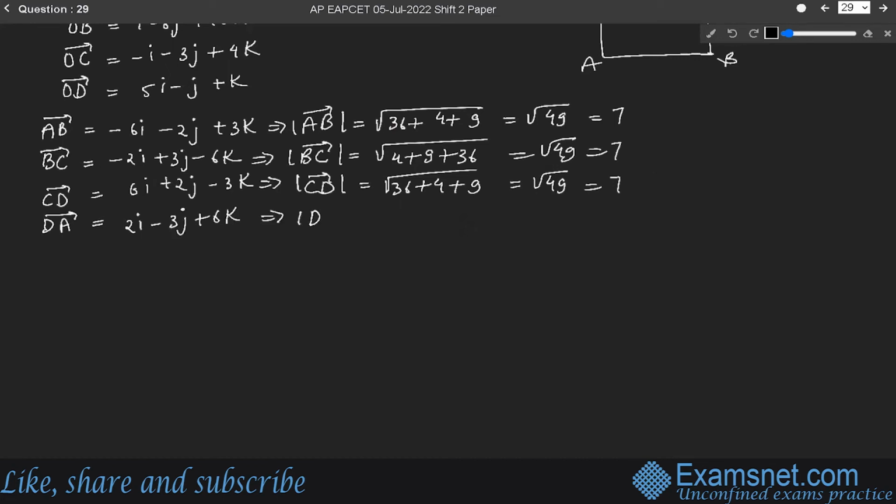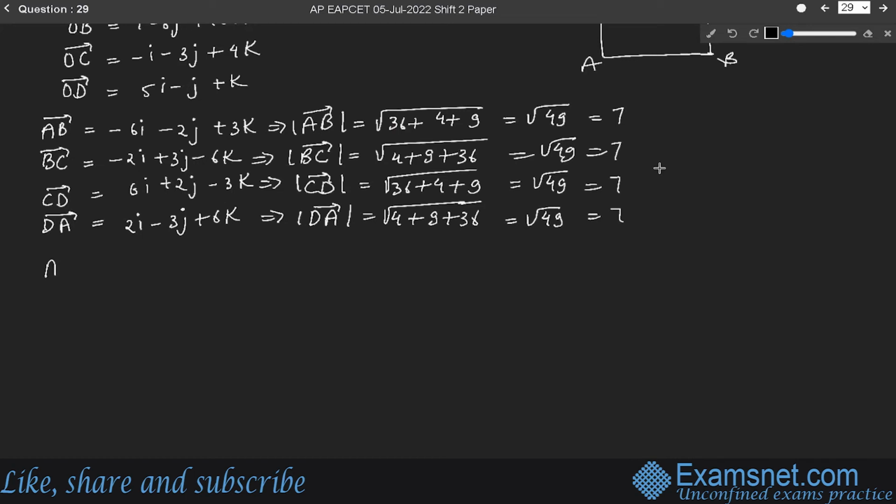Therefore, modulus of DA vector will be equal to under root of 4 plus 9 plus 36, which is equal to again under root of 49, which is equal to 7. You can see that here modulus of AB vector is equal to modulus of BC vector is equal to modulus of CD vector is equal to modulus of DA vector.